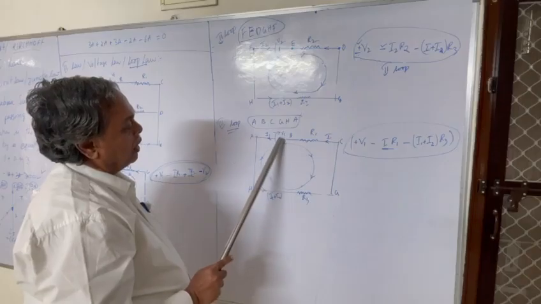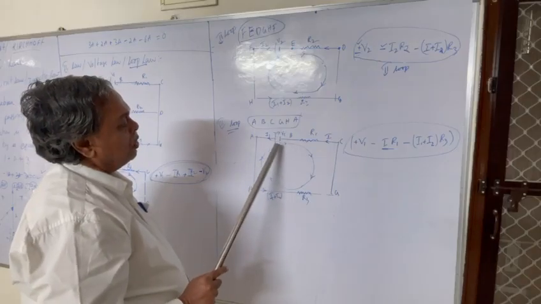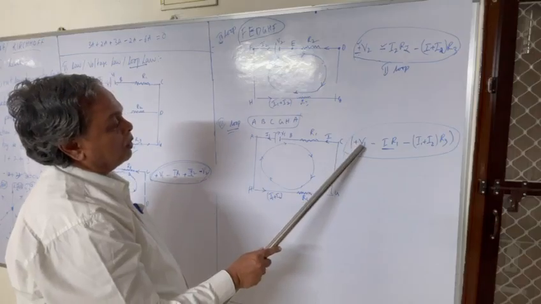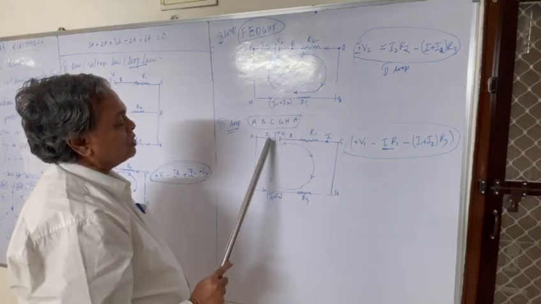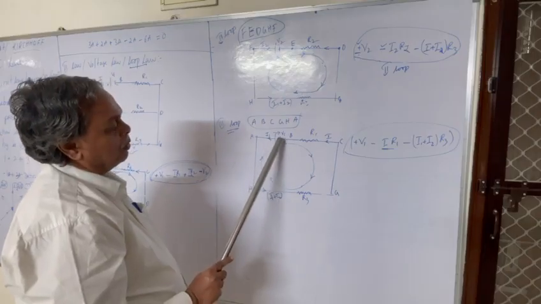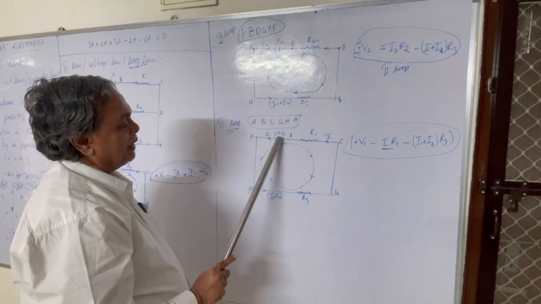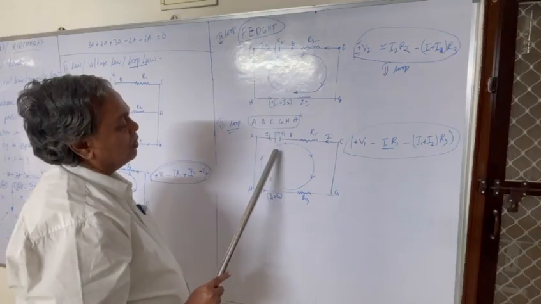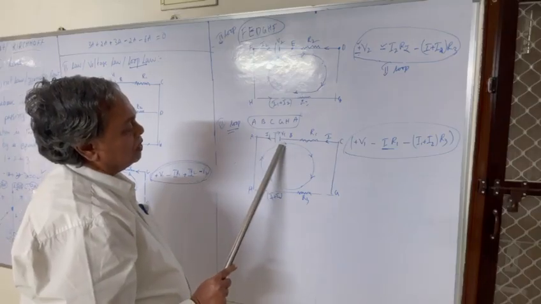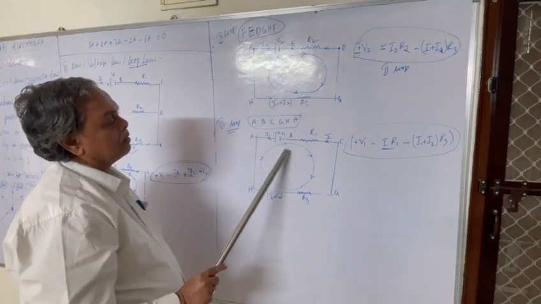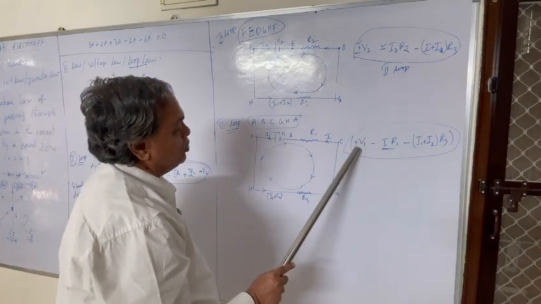So E1 gets a positive sign. The current flows from left to right, and the clockwise direction here is also left to right. Both are in the same direction, that's why it has a positive sign.